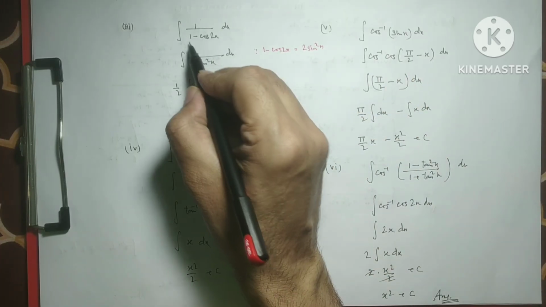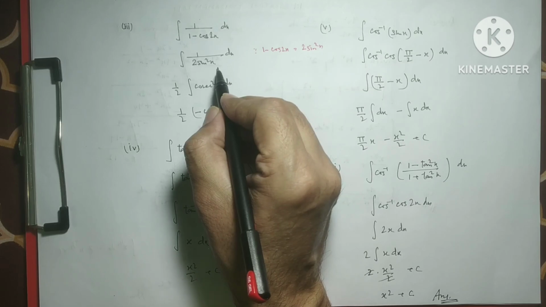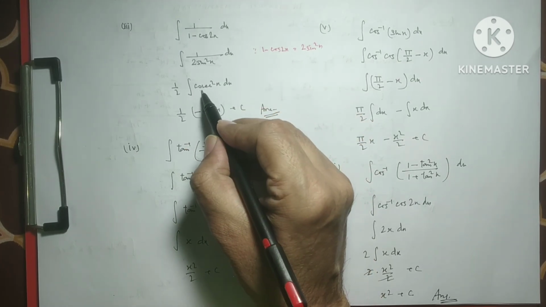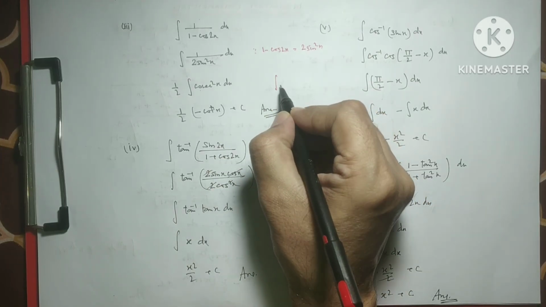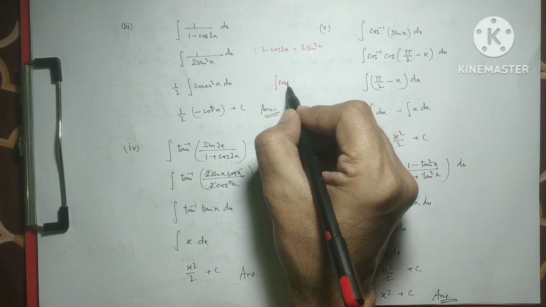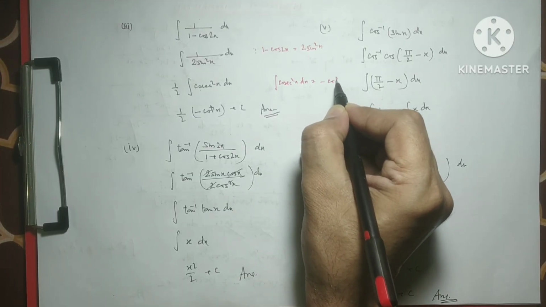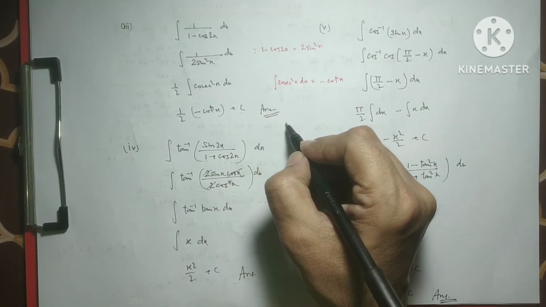So we substitute 1 minus cos 2x as 2 sin square x, and it becomes cosec square x, and the integration of cosec square x is minus cot x. So we get minus cot x plus c. This is the answer.